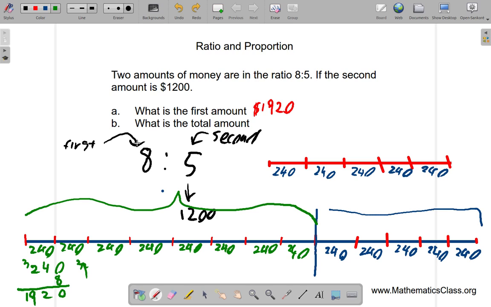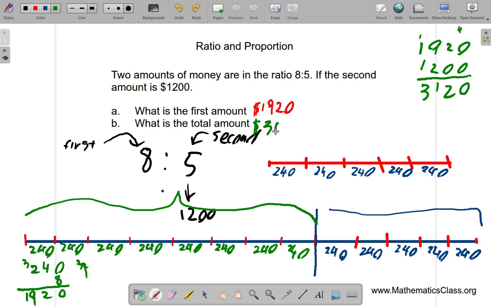Alright, now let's look at part B. It says, what is the total amount? Now you have 2 ways you can do this. If the first part of the money is 1920 and the second part of the money, as you were told already, is 1200, then you just add them up. 0 and 0, 0, 2 and 0, 2, 9 and 2, 11, bring down the 1, carry 1, 1 and 1, 2 and 1, 3, $3,120.